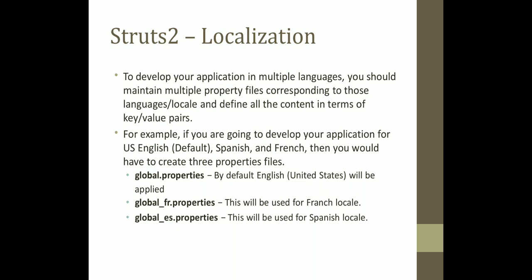For example, if you are going to develop your application for US English, Spanish and French, then you would have to create three property files: global.properties, where by default English will be applied; second, global_fr.properties, which will be used for the French locale; and global_es.properties, which will be used for the Spanish locale.